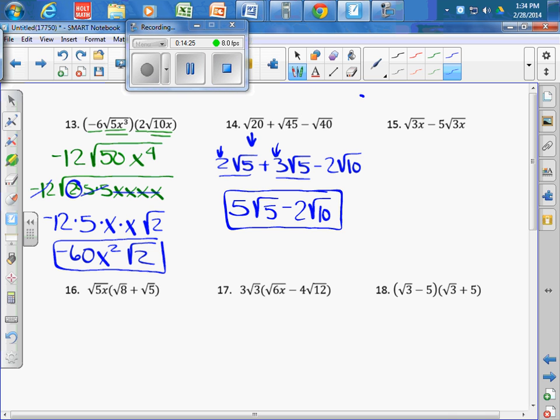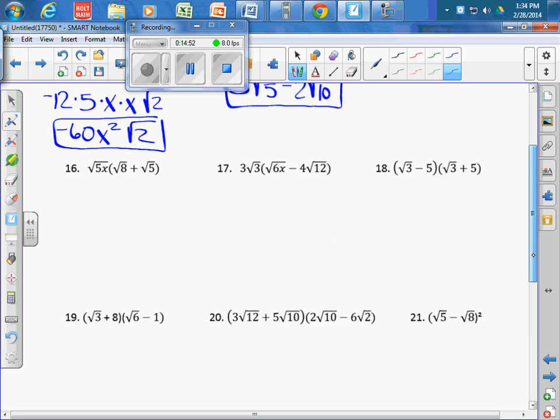So in number 15, we have to know what the coefficients are. In this one, it's going to be minus 5. That's a negative 5 in front of that 3x. But what we're missing sometimes is the fact that there is a 1 in front of that one. When there's no coefficient that you see, it's going to be 1. So we're taking 1 minus 5, negative 4 radical 3x.